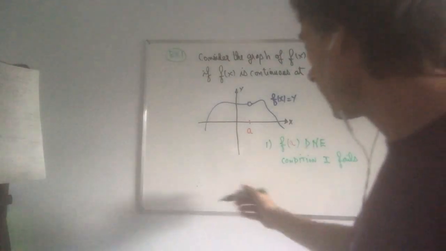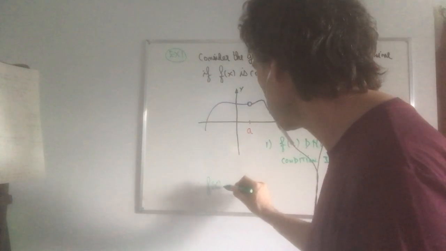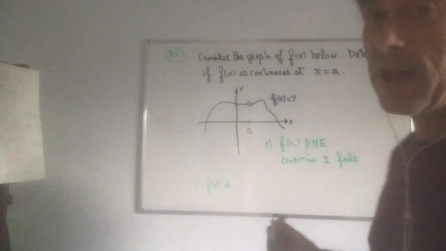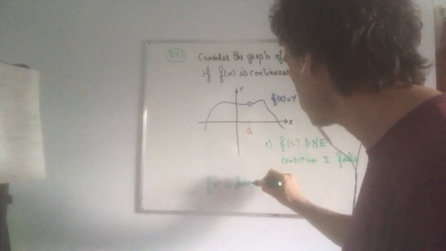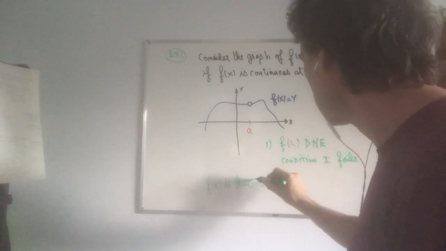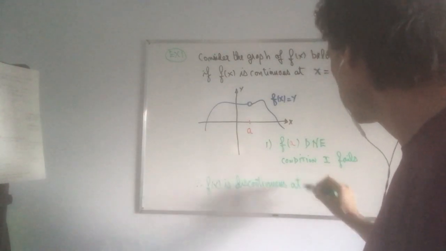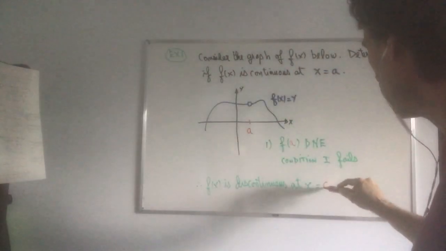So basically I can conclude right here that f of x is not continuous. Now there's a fancy word for not continuous, you might have heard it before. Discontinuous at x is equal to A. And voila, it's as simple as that.